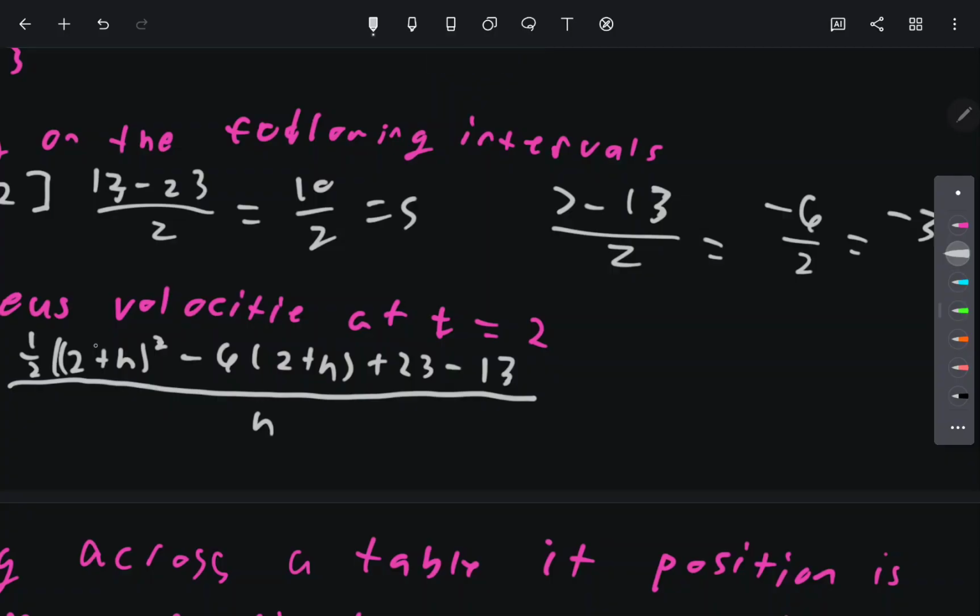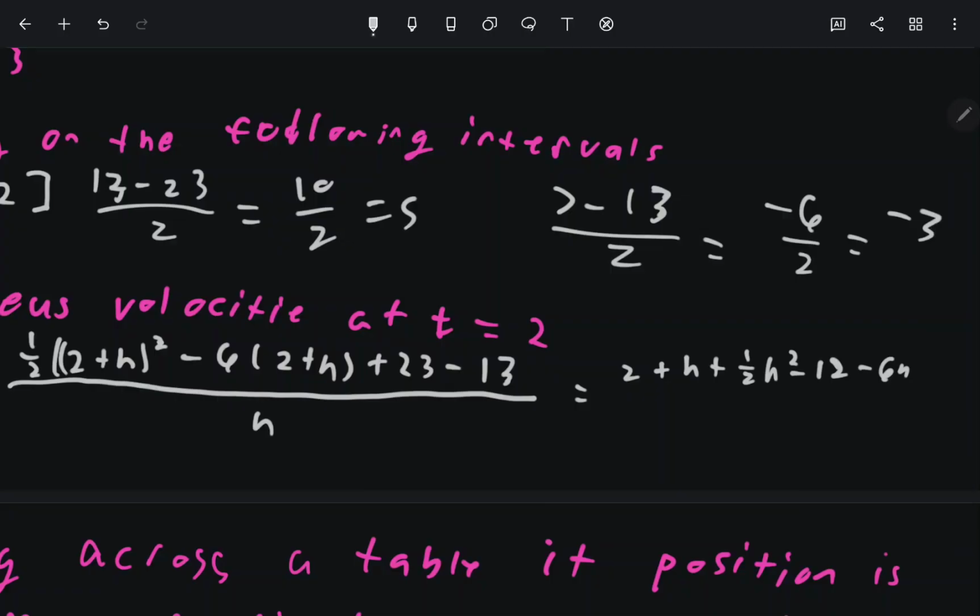That squared is going to go to 4, so we're going to get 2 plus h plus 1/2 h squared, minus 12, minus 12h... minus 12 minus 6h, and plus 23 minus, so let's just say plus 13 or plus 10.